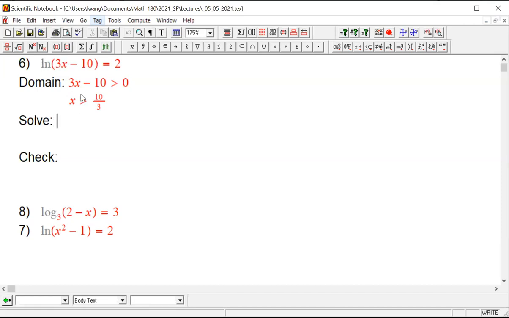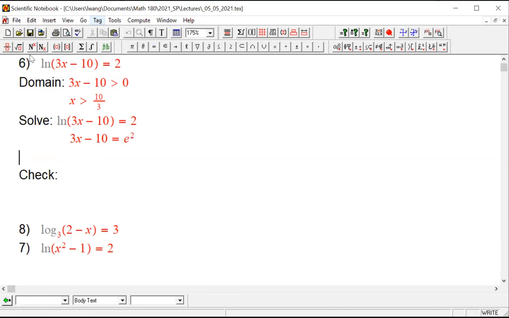Solving it, I would just copy from Bailey's work, right? And he got it right. 3x - 10 equals e squared. And then adding 10 on both sides. 3x equals 10 plus e squared, or e squared plus 10, doesn't matter.